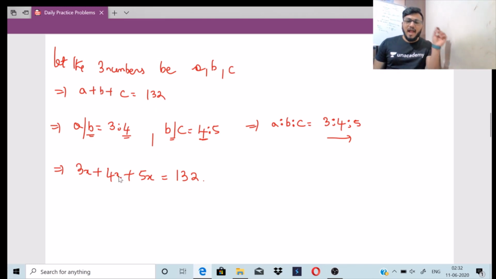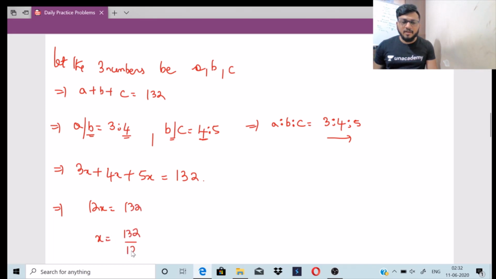So this is 7x plus 5x, which is 12x, equal to 132. So x will be 132 divided by 12, which is 11.